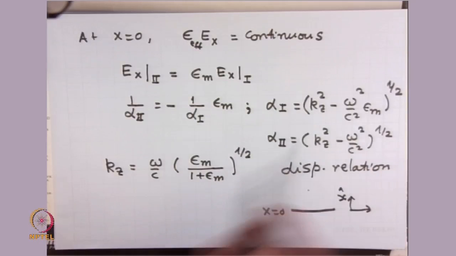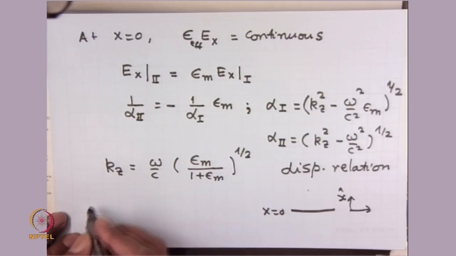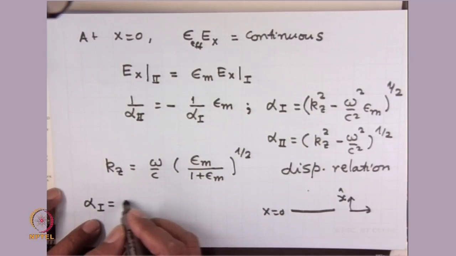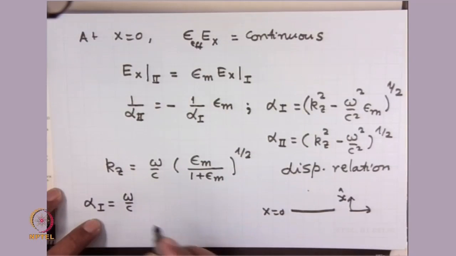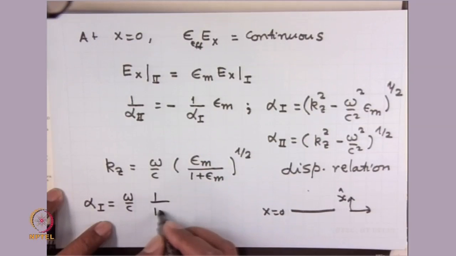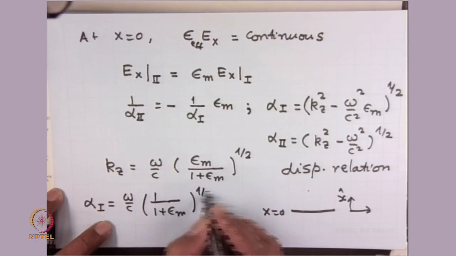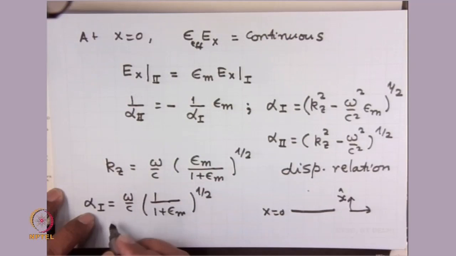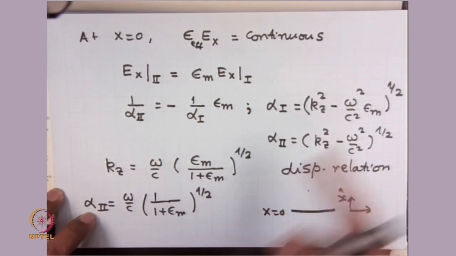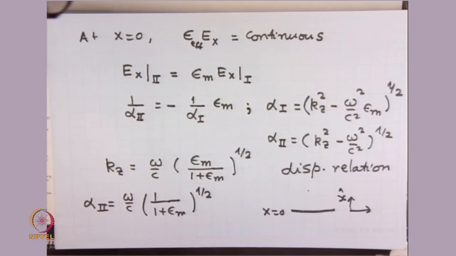If I put the value of kz in this expression, alpha 2 turns out to be equal to omega by c, square this, and you will get simply 1 upon 1 plus epsilon m to the power half. I am substituting this back here, and you will get this expression, which tells you if this quantity has to be real, minus 1 upon this quantity.